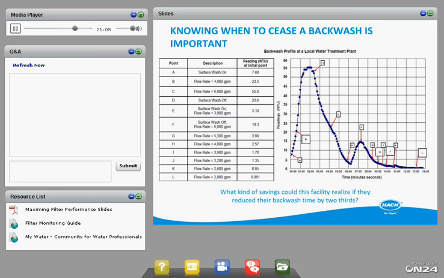If we were to execute the termination of a backwash at the recommended range of 10 to 15 NTU based on the AWWA guidelines, we would see that they are overwashing, or they could reduce the backwash cycle of their filter by 2/3. If this is a facility that's struggling with capacity issues, this is a way to get significantly more water processed throughout their plant by simply optimizing their backwash time and minimizing the downtime of the filter.